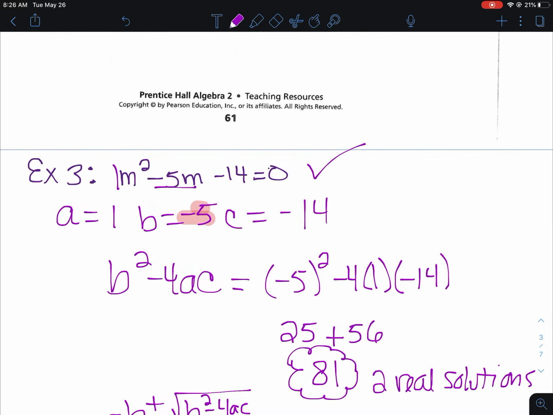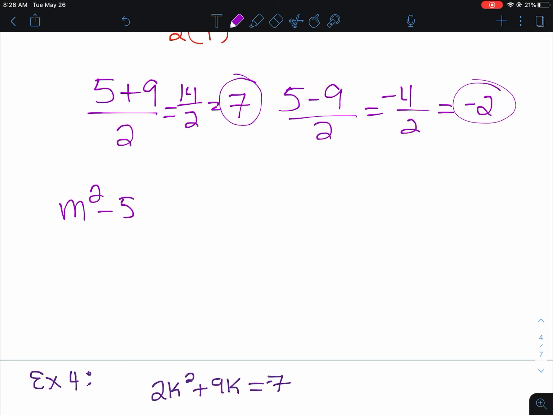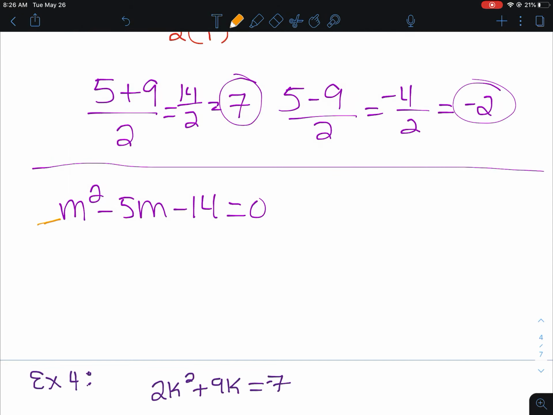If you went back up to the top, m squared minus 5m minus 14, let's rewrite that here. If I look at that equation, this is a trinomial where a equals 1, right? Nothing out in front. So I could try factoring this and saying what multiplies to negative 14 that adds to negative 5.